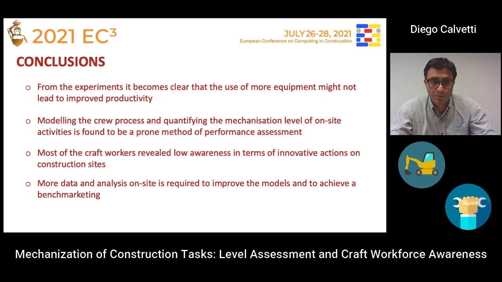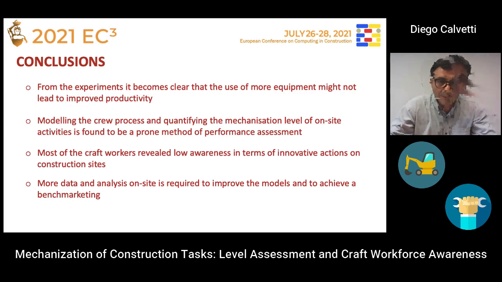Of course, we should have this quantitative way to measure the levels of mechanization of the activities, but it is important to observe and analyze all the process, all the crew.